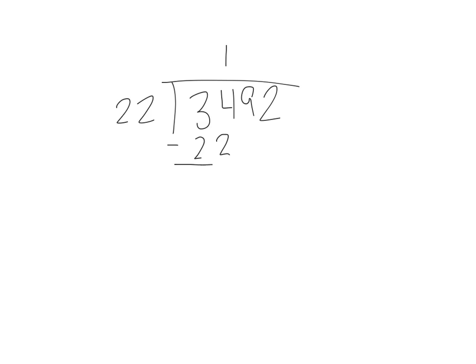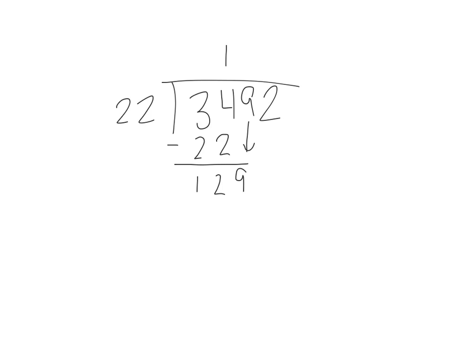I'm going to subtract to see how much I have left over, which is 12, and I'll carry down the 9 to create my next number. So I will divide 22 into 129. I'll continue to think of 22 rounded to 20, so I am dividing 129 by 20.